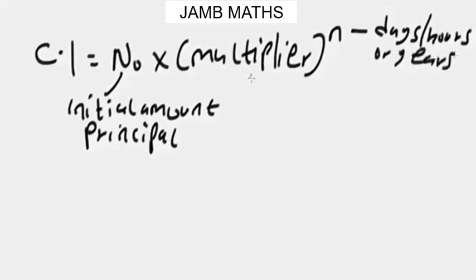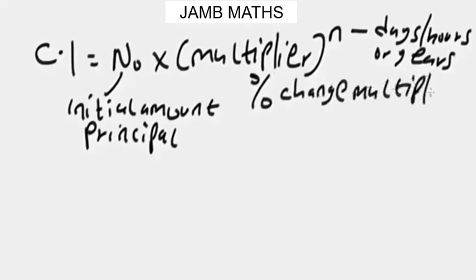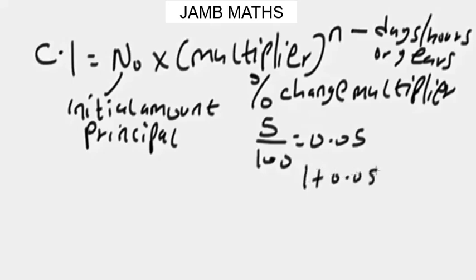For this percentage change multiplier, what it basically means, for instance, if you are asked, if the person has a 5% increase, the percentage change multiplier, when you divide 5 by 100, is going to give you 0.05. The multiplier, when you are doing compound interest, usually starts with 1. So since it's dealing with increase, the percentage change multiplier will be 1 plus 0.05, which will give us 1.05.